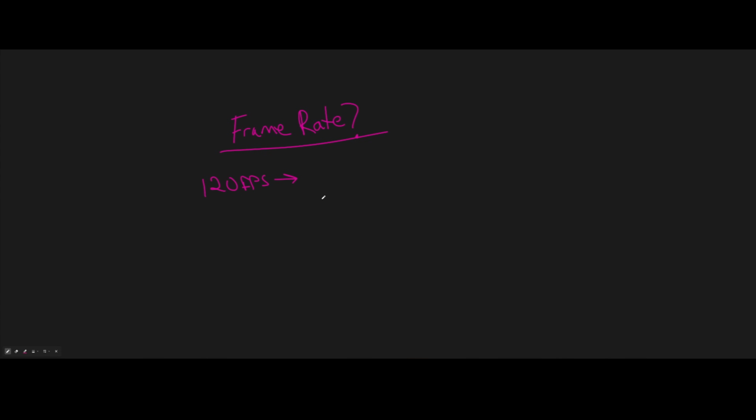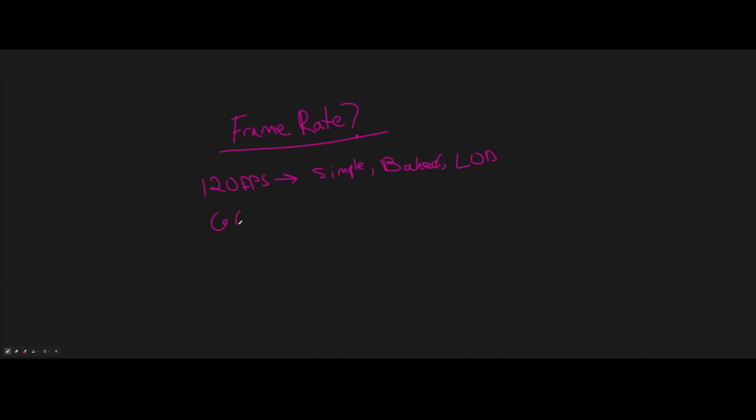Now, obviously on PC, you might get higher frame rates, but as far as target frame rates, 120 frames per second is really going to define your game. It's probably going to be really simple. You're probably going to want to use baked lighting, and you're probably going to use LODs.